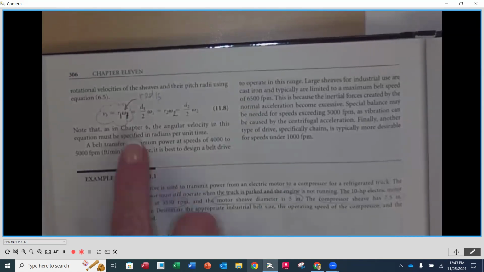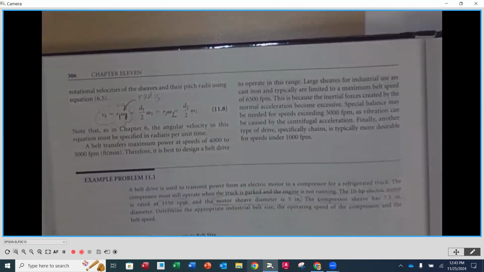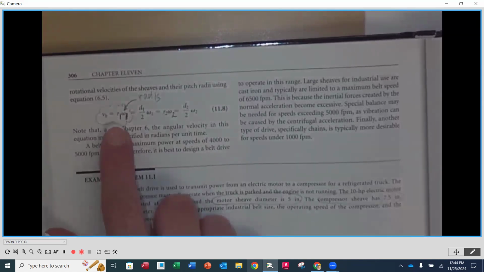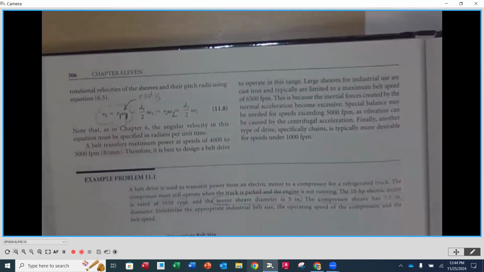And that is going to be calculated using the radius of whichever sheave we're on. So if it's the sheave on our input or on our driver, we match it up with the rotational speed of our driver. The mistake that you're going to see here is this says R1 times W2. They have to match. That's an error. That's a typo.